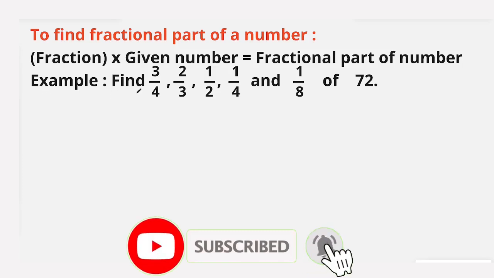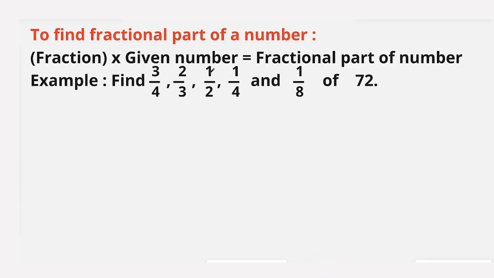The example is find 3 upon 4, 2 upon 3, 1 upon 2, 1 upon 4 and 1 upon 8 of 72. So we have to find the fractional part of 72 starting from 3 upon 4 to 1 upon 8. As per the formula, fraction multiplied by given number. The fraction is 3 upon 4 multiplied by the given number 72.